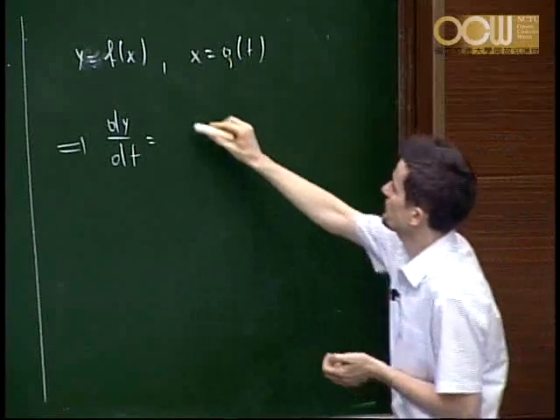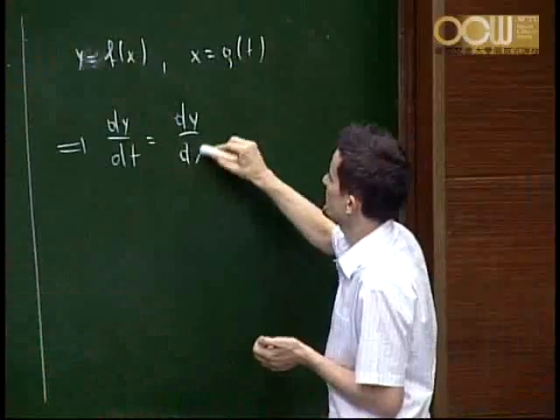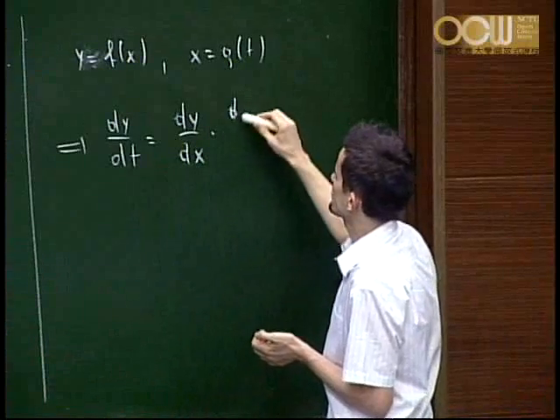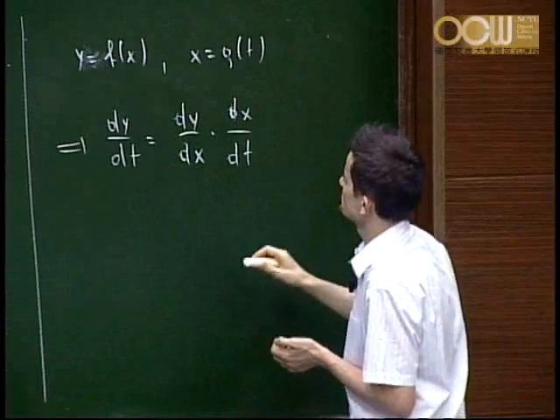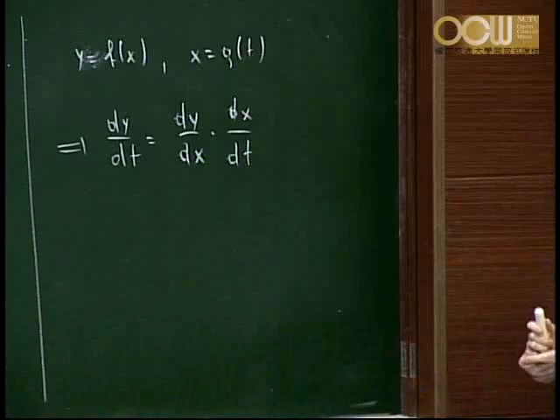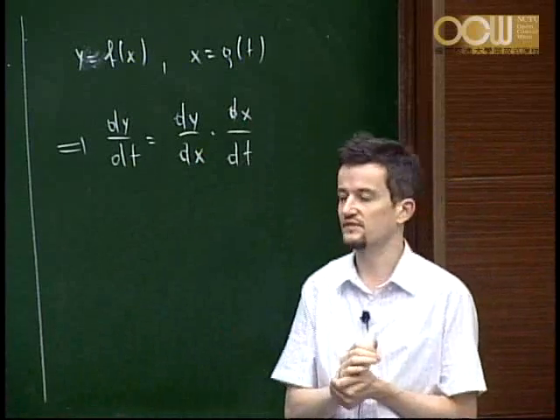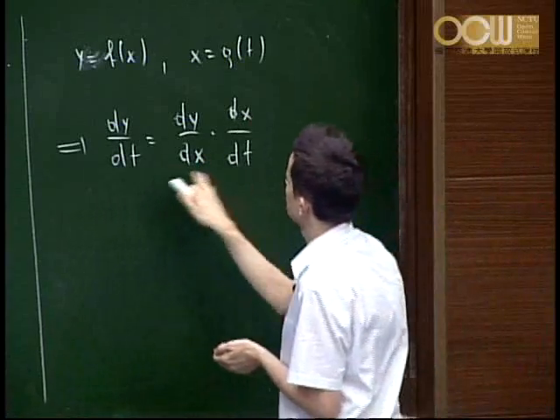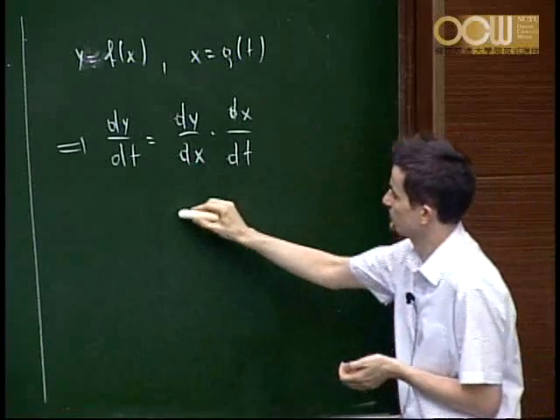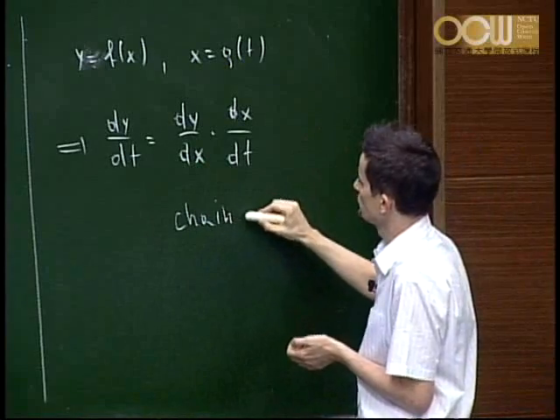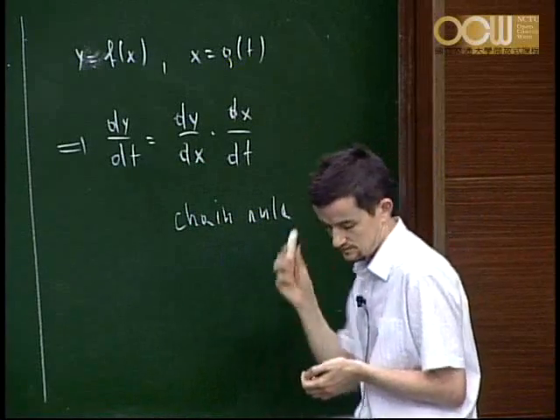The rule can be memorized very easily because you look at this as a fraction, and the only thing you do is multiply numerator and denominator with dx. Of course, it's not precise, but this is the rule which we proved last semester, and we have used it already many times.